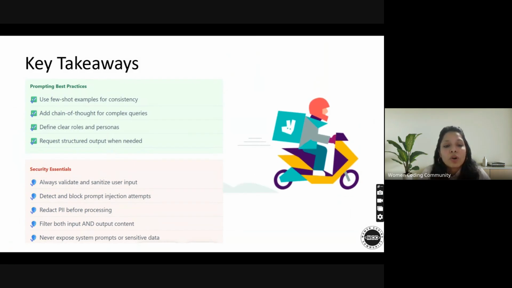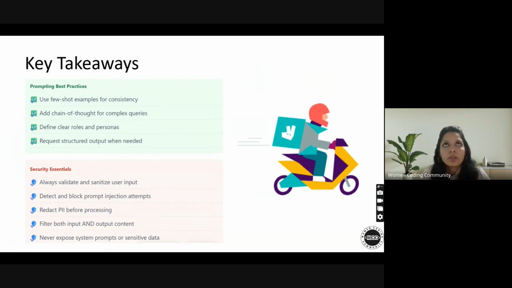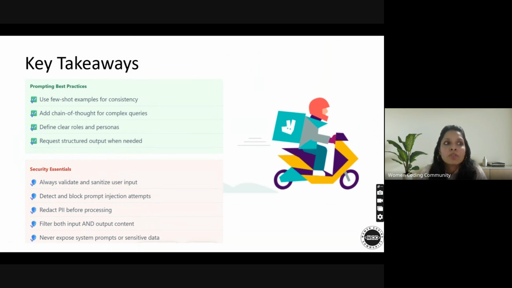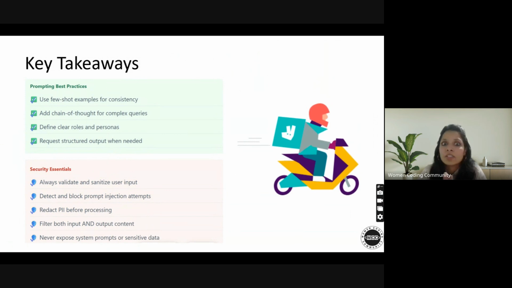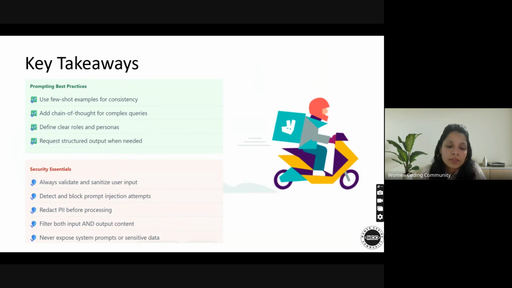Add chain of thought, I would say, as I mentioned, for complex queries or complex tasks, like when we talk about agents. Define clear roles and personas. As we saw, defining a persona for the chatbot itself gave more clarity and a good response to all the queries.